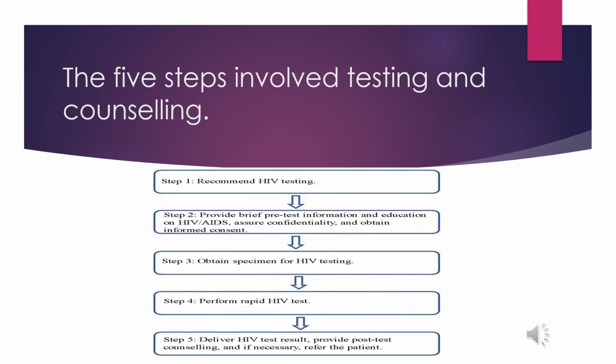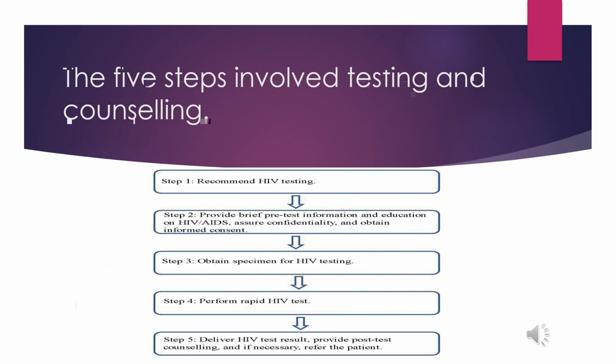Fourth one is to perform rapid tests according to WHO strategy. For a negative test, the result is issued with post-test counseling to prevent HIV acquisition in future. And if the test is positive, then the confirmatory test is done, and after the 3-test strategy, deliver the HIV results after due post-test counseling, and then refer the patient to the antiretroviral therapy center.